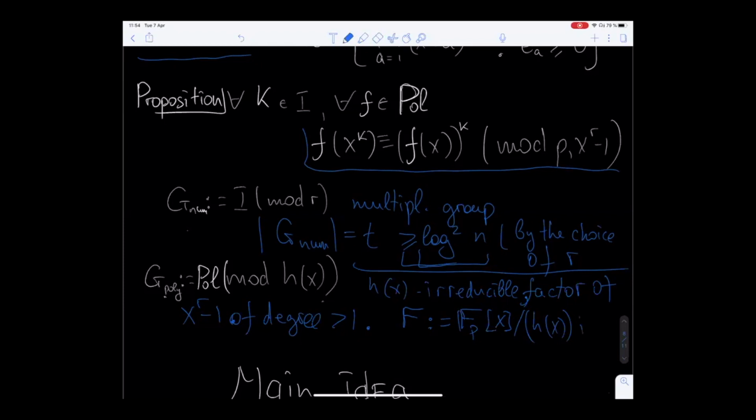Sorry, so h is irreducible over integers or modulo something? It will be irreducible in Z_p. Okay. Irreducible in Z_p, irreducible factor in Z_p.